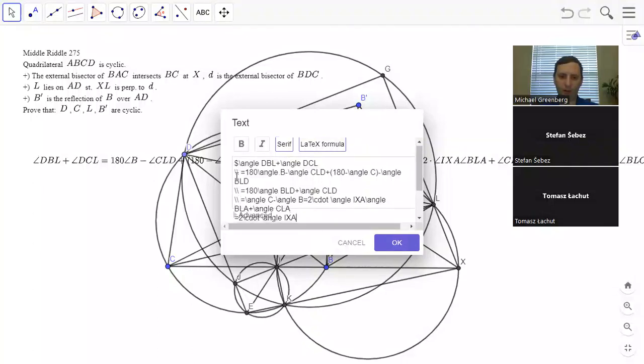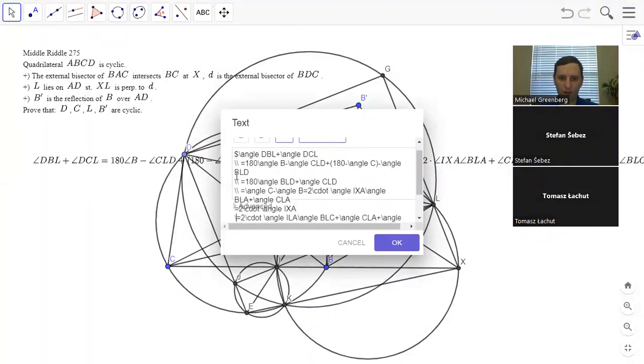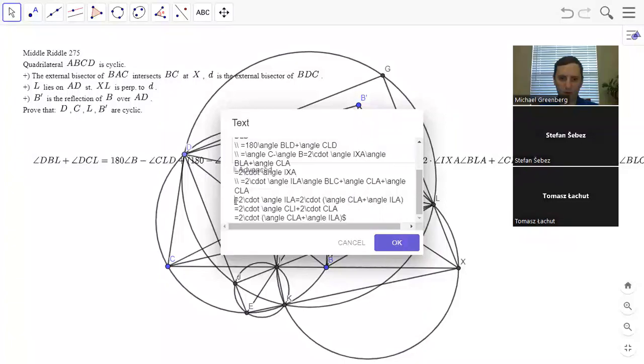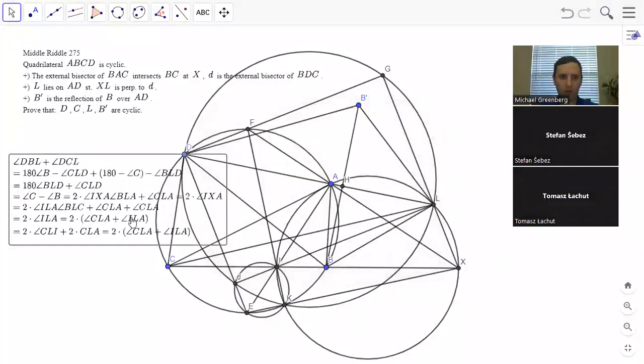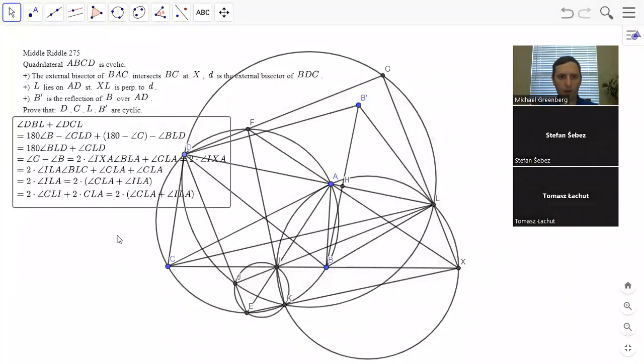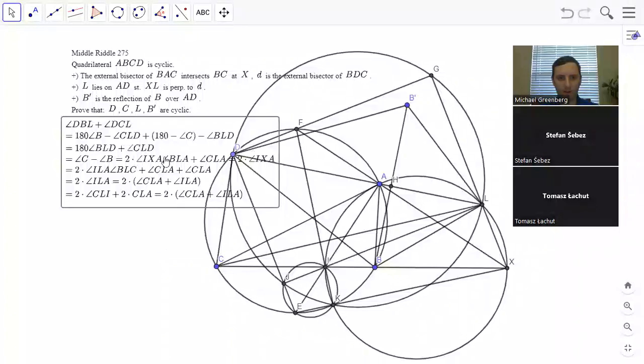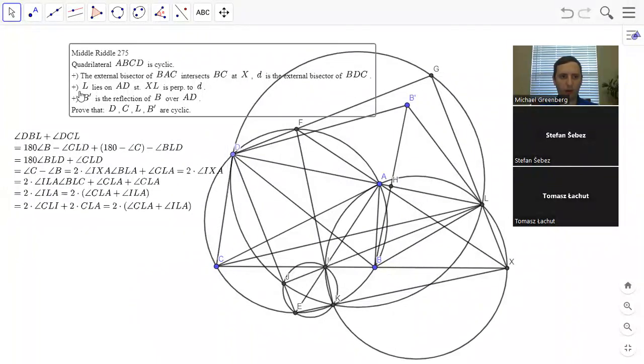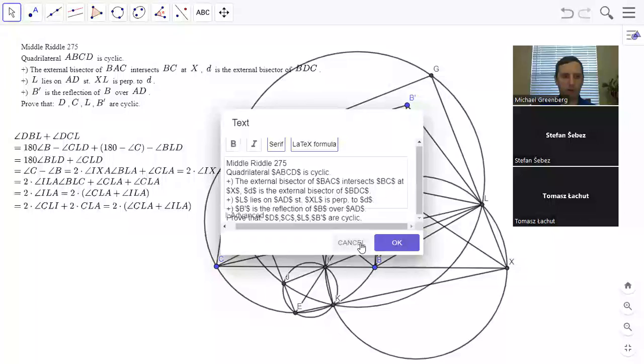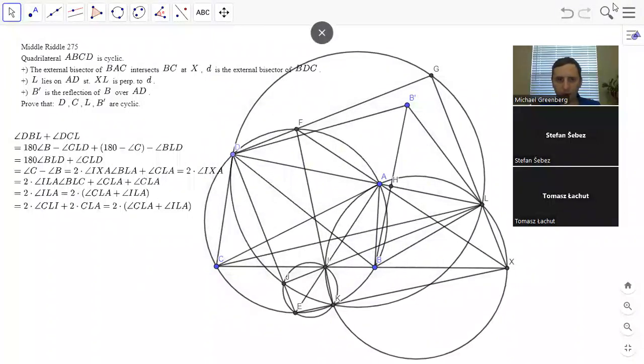Something like this. Okay, so all right, so DBL plus DCL.